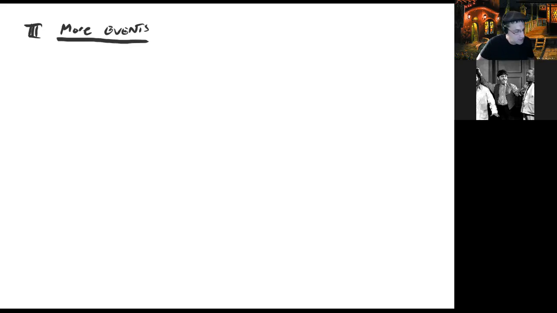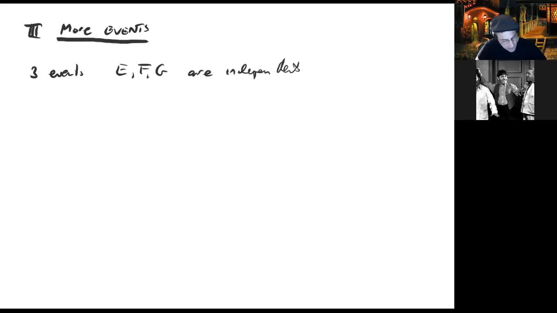Okay, so suppose I have 3 events just for starters. Say E, F, and G, and we'll say they're independent if they are pairwise independent.